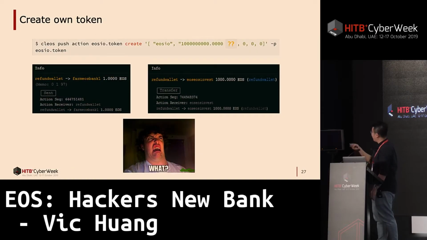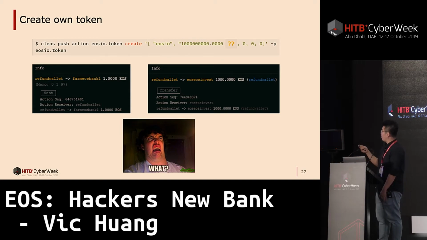So also we can create our own tokens by an instruction like that, and you can use your own symbol, but you can only transfer the real EOS on eosio.token. So here are the two graphs.